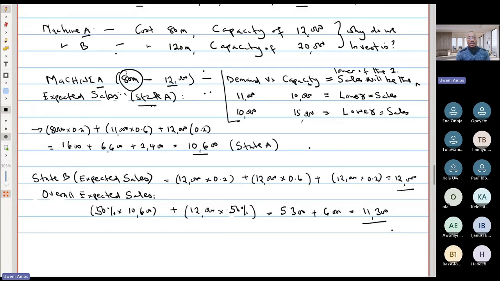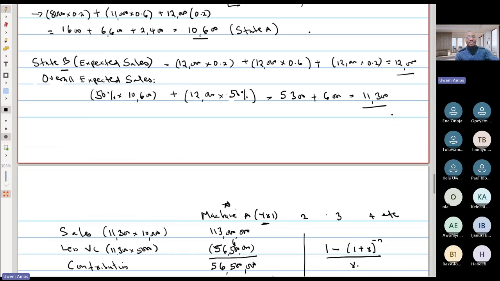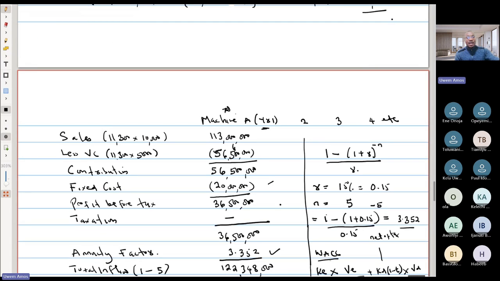This is our small machine, which is machine A. Our expected demand under B is 11.3. So let me go to small machine, and under A and under B, we have our demand given to us under those values.